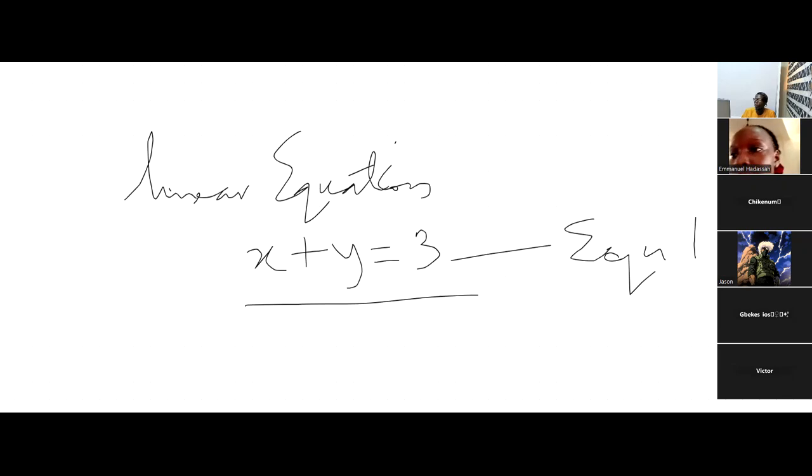You are giving your response that the coefficient of y is 3. Another person said 3. Some people say 1. I'll tell you what it is now. Look at this equation.